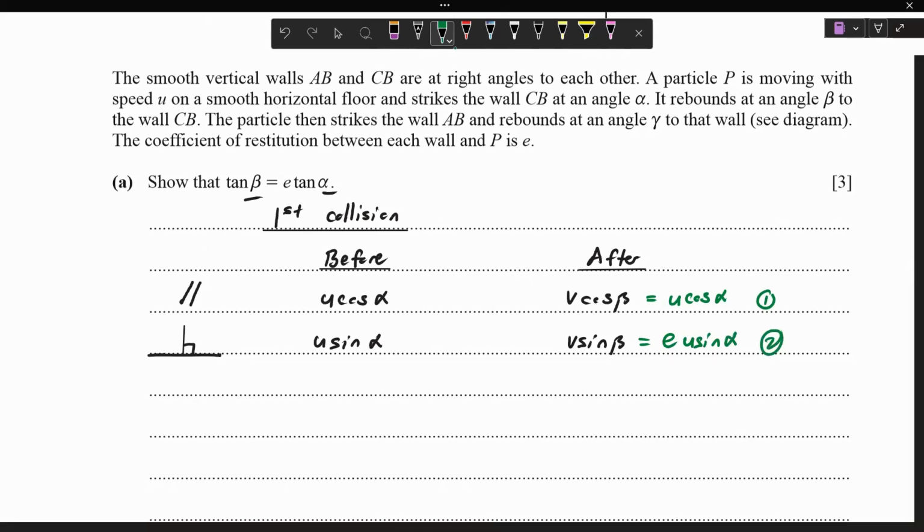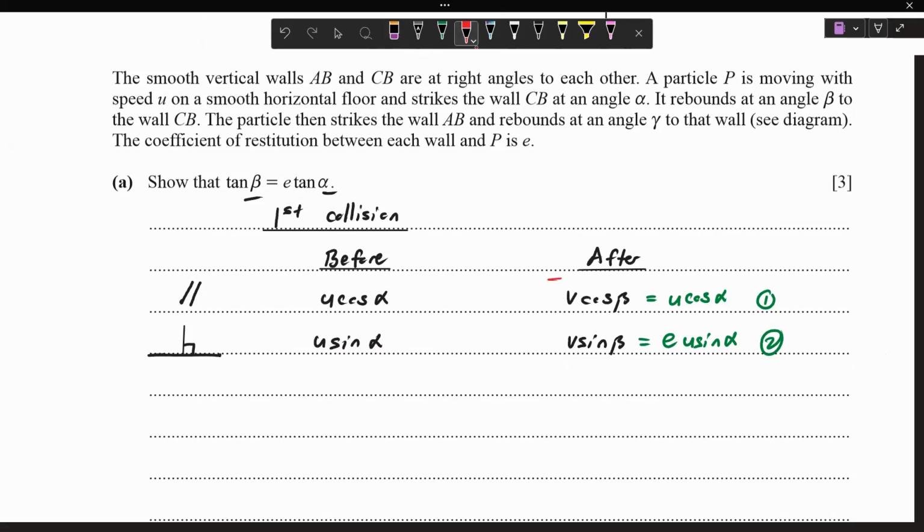For the perpendicular components, we are using the fact that Vs is equal to E of Va. The relative speed of separation is the perpendicular component after collision, and Va is the perpendicular component before collision.